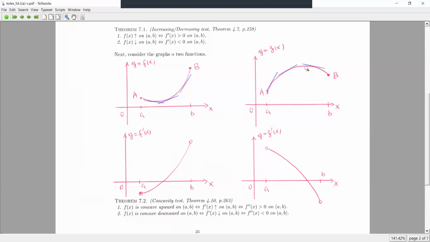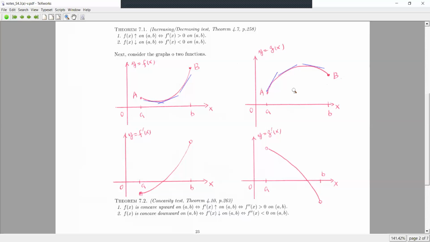If you draw a tangent line at this point, you will see slope 0. And this tangent line, the slope is negative, but small negative. If you draw a tangent line close to the point B, slope is negative, but large negative.